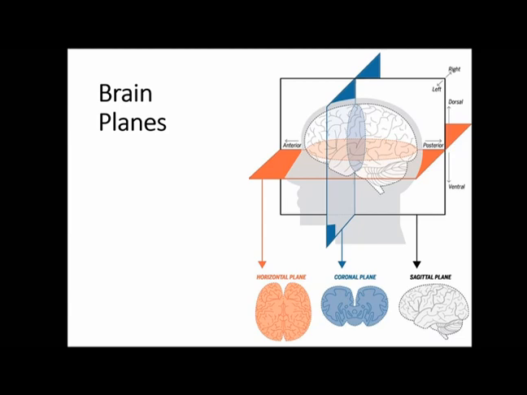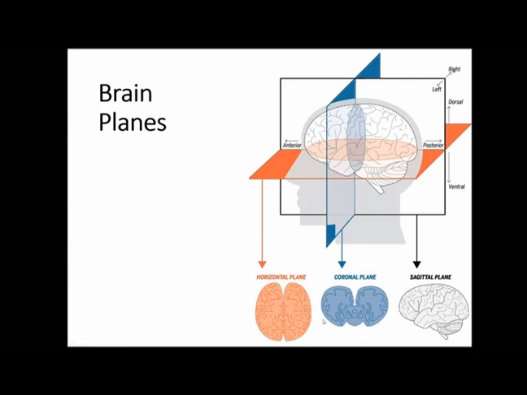Nowadays, we can use these theoretical cuts using a lot of our brain imaging systems, which, again, we'll talk about later in this chapter. But we can have a cut that goes horizontally through our brain. So from the front to the back, kind of level across the top of your ears, that would be a horizontal slice. And it's going to give you sort of an image as if you were looking down on the brain.